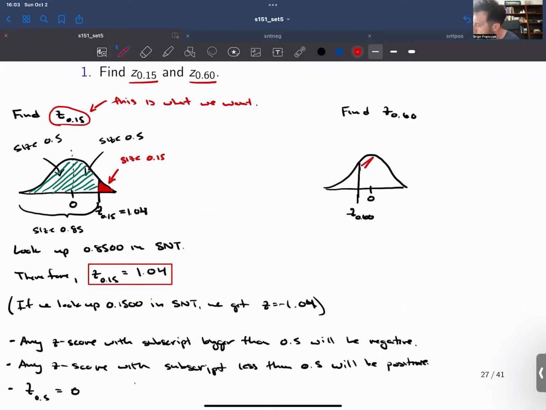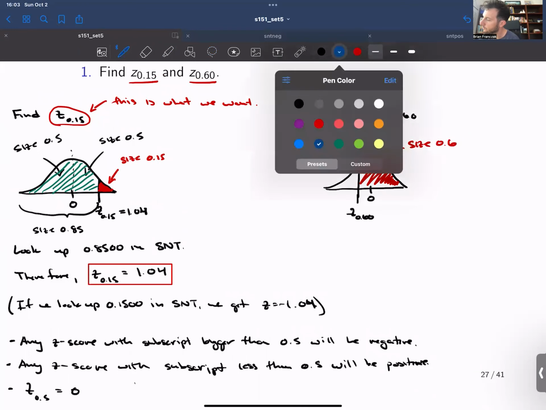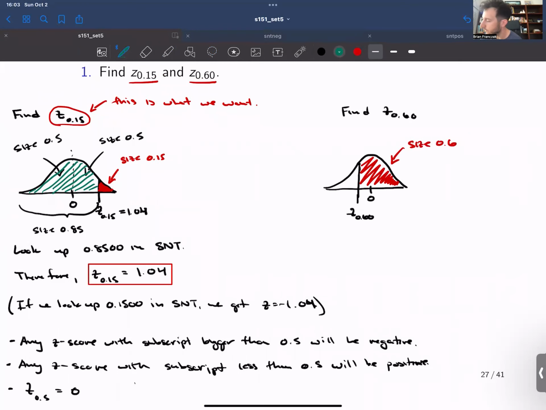So this is what the z-score is telling us. This area is of size 0.6. If we have 0.6 to the right of the z-score, that means that to the left of the z-score, we have 0.4.